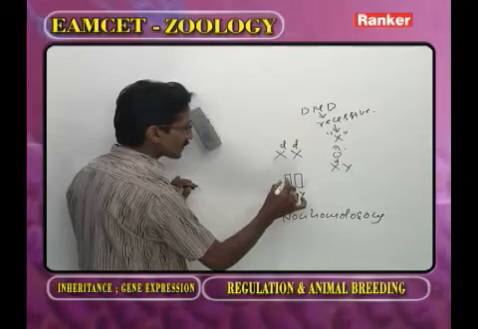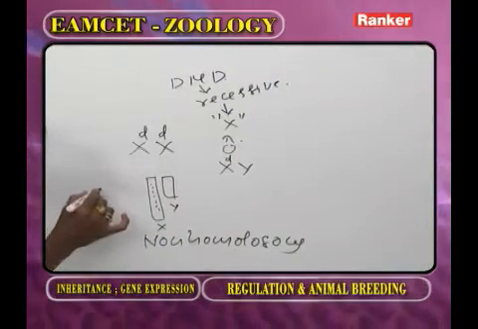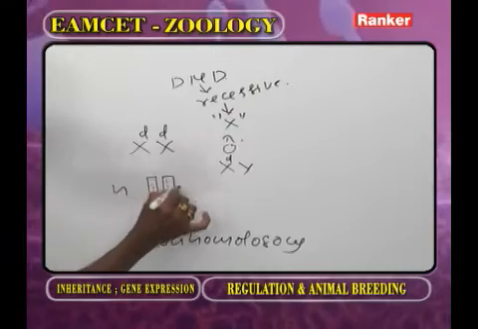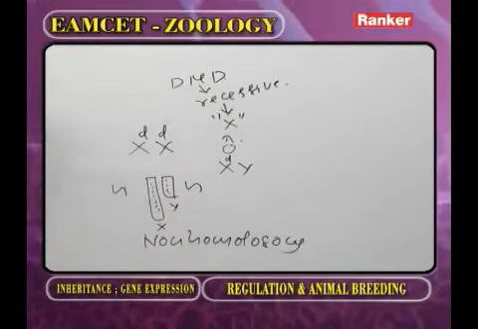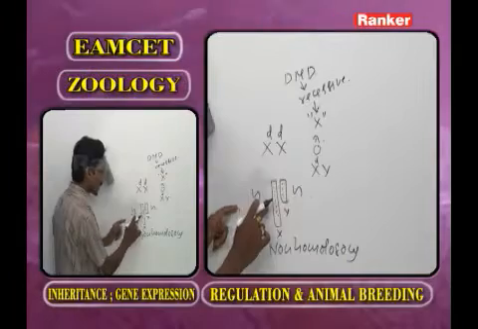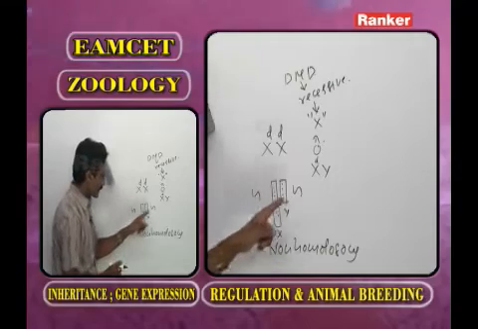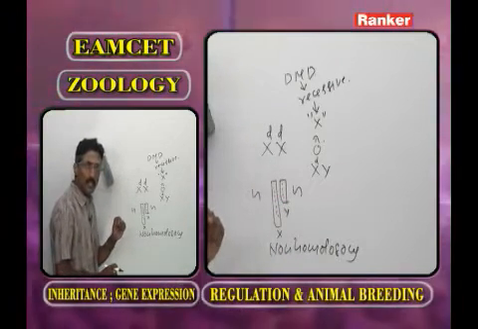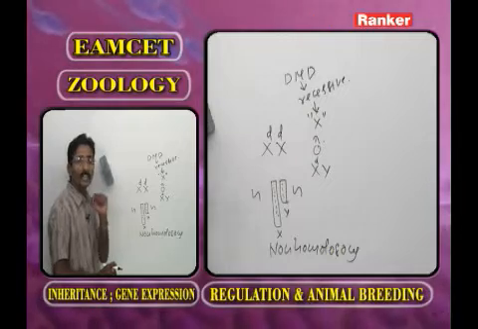The genes present on X chromosome are haploid, n. The genes present on Y chromosome are haploid. Haploid is also called hemizygous. The haploid genes present on Y chromosome are technically called holandric genes.